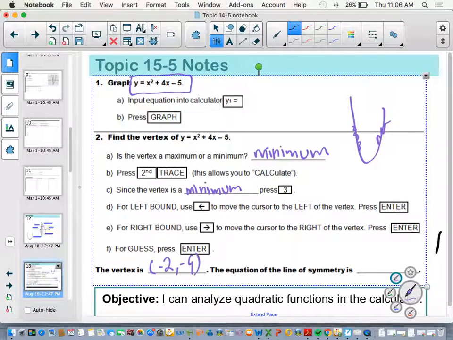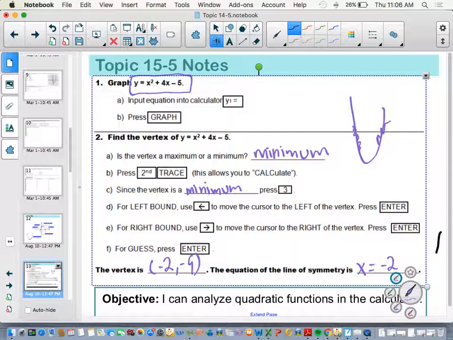And your calculator just found the vertex for you. I like this. Now, the line of symmetry is an X. The vertex has an X. And so we get X equals -2. Pretty easy so far?